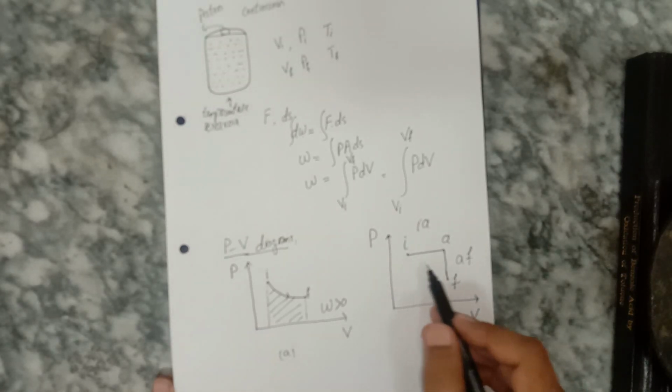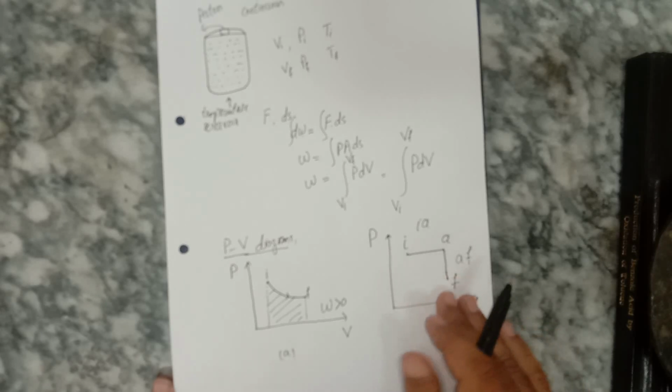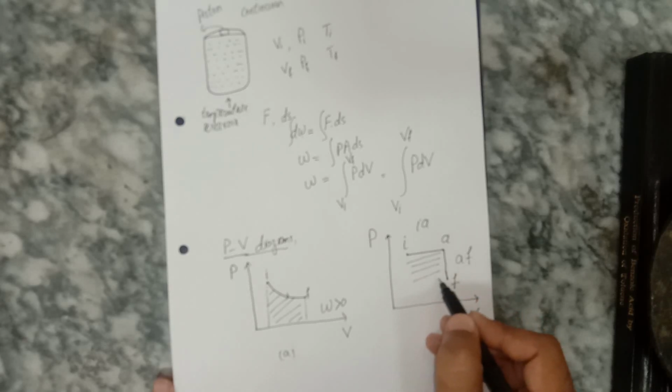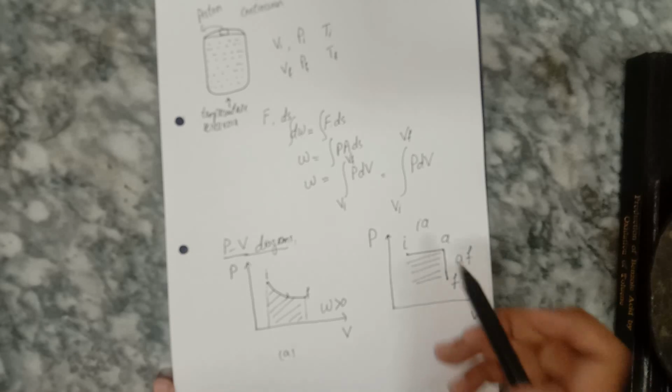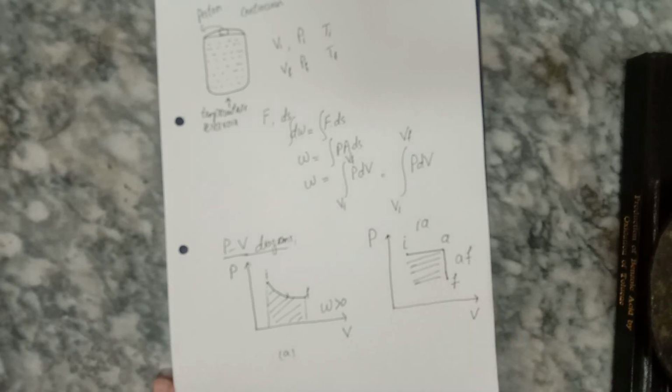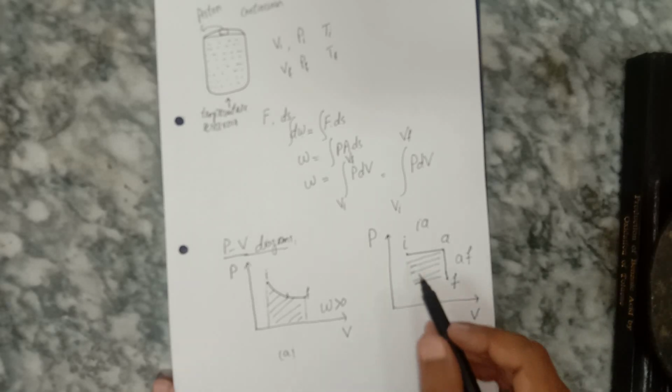Now in the case of IA, as the volume is increasing, as I told before, it means that positive work has been done. When volume increases, that is due to the increase in temperature of the system, which means that heat is added to the system, allowing the piston to move upward while maintaining constant pressure.